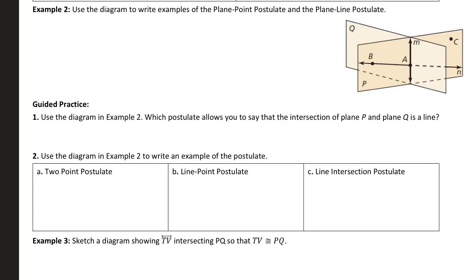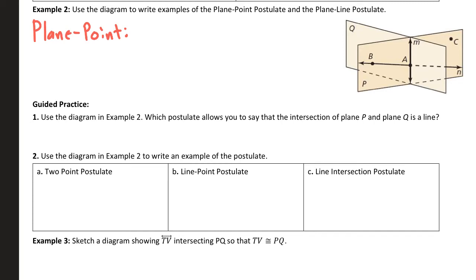So for the first one, the plane point postulate. I'm going to look at my diagram to remember, the plane point postulate says a plane contains at least 3 non-collinear points. So an example of that would be me saying a plane, one of these planes, contains 3 points, not all part of the same line.